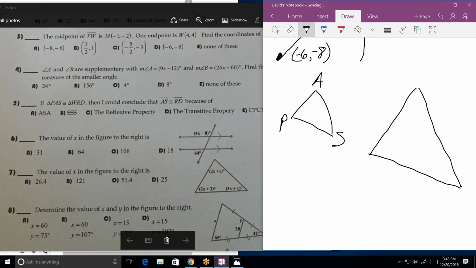In other words, this has to be W. I could not make W any other angle but this. That has to be R, that has to be D.